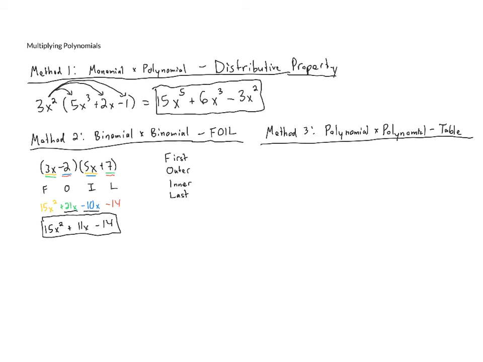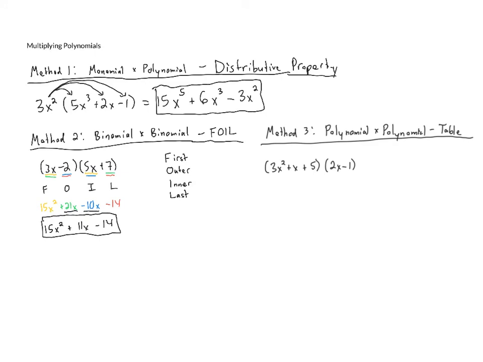Let me show you one example of how we can use the table method to multiply two polynomials, and then you can look at some more examples on your own time. So let's take a look at 3x squared plus x plus 5 times 2x minus 1.